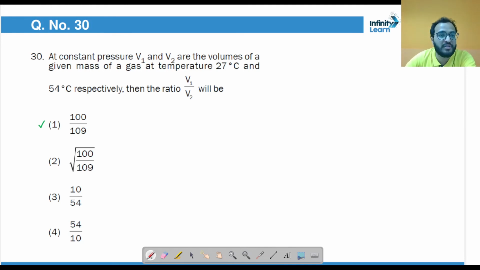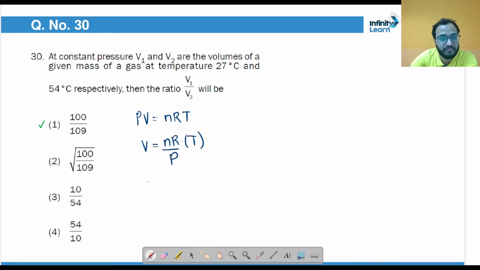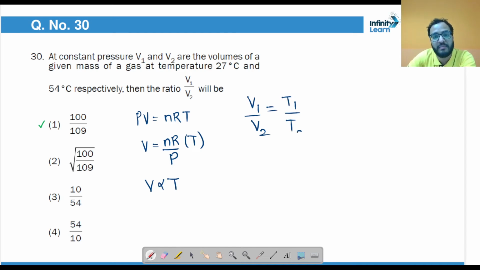At constant pressure, V1 and V2 are the volumes of a given mass of a gas. Okay, PV equals nRT. So if P is constant, V is equal to nR by P into T. So V is directly proportional to T, right? So V1 by V2 will be T1 by T2.